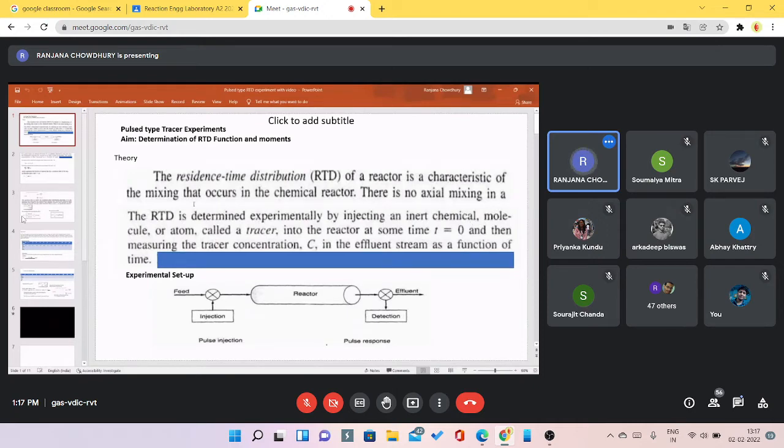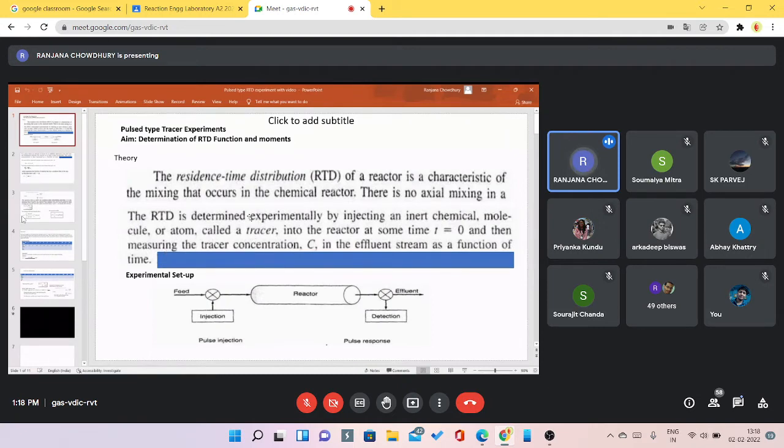And to find how much non-ideality is in the reactor, we have to go for residence time distribution experiments. To conduct these RTD experiments, we have to use a tracer, which is a non-reactive component.